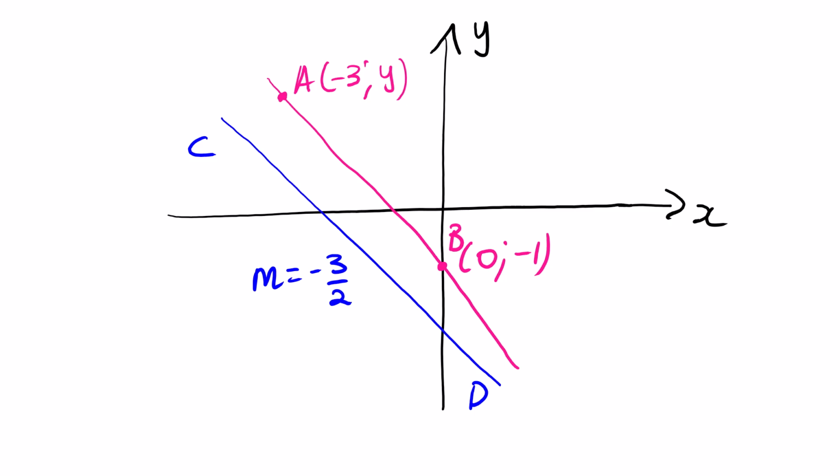But we can see that the y coordinate of point B, actually point A, is missing, it's unknown. Now the question says calculate the value of y if AB is parallel to CD, and the gradient of CD is equals to negative 3/2. Now how do we calculate?